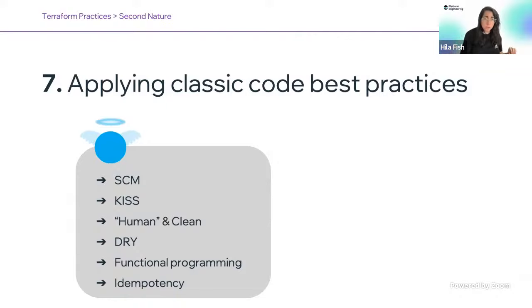In regards to human and clean, I want to quote something from an article by Tisin Uo. I will have a reference slide at the end, so you will have a link there. It's a very good article and I really recommend you read it. He said, and I totally agree, that the computer that processes your code doesn't care if the variable names are ambiguous or inaccurate.